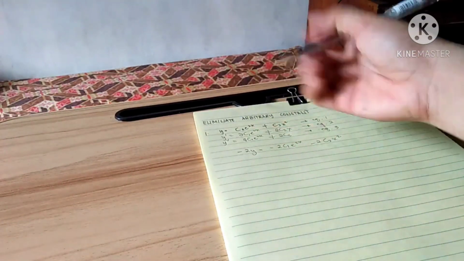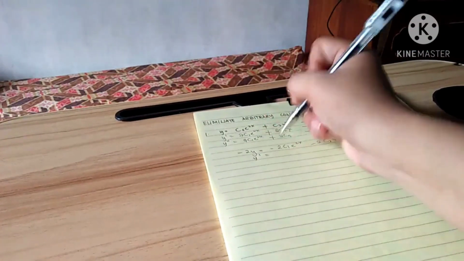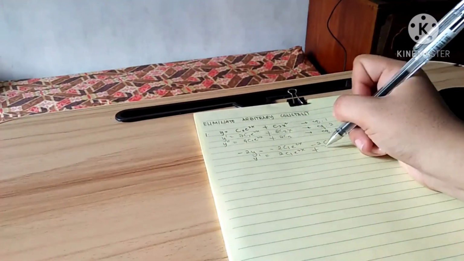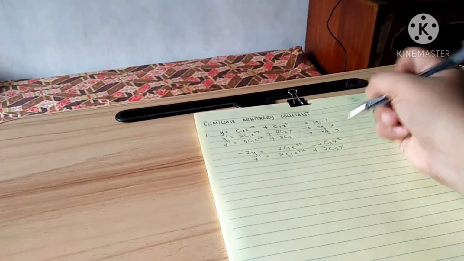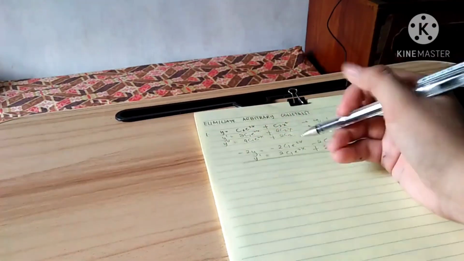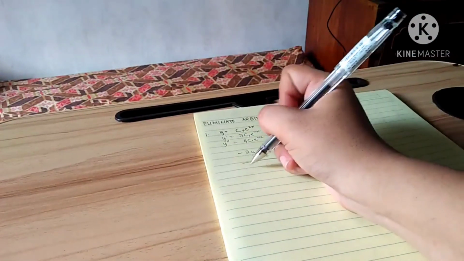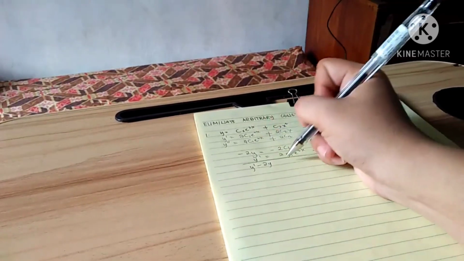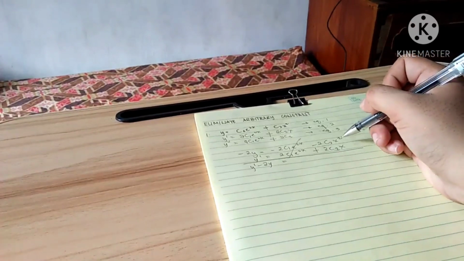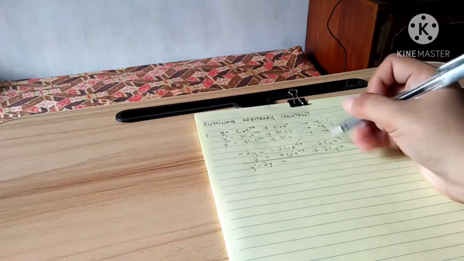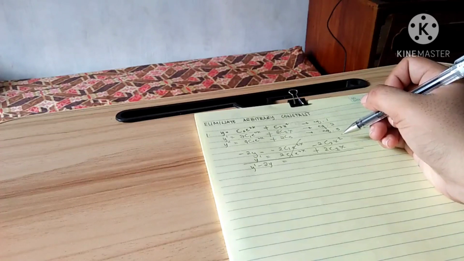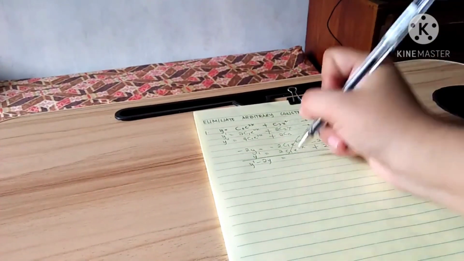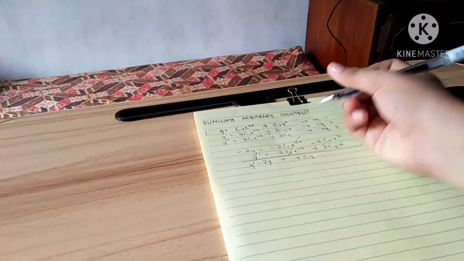Eliminate natin siya dito sa equation number 2, y prime equals to 2c1 e^2x plus 2c2x. Makakancel na ito, so magiging y prime minus 2y equals to ito, magiging xc2.